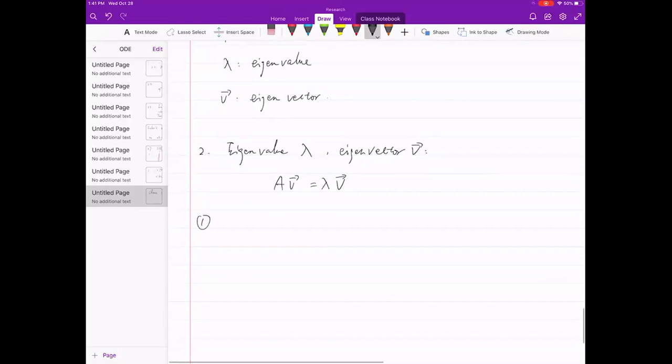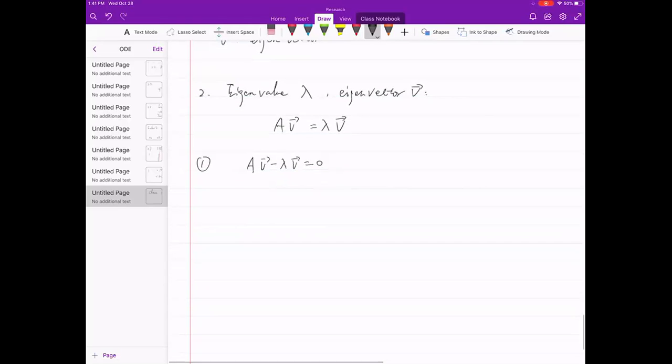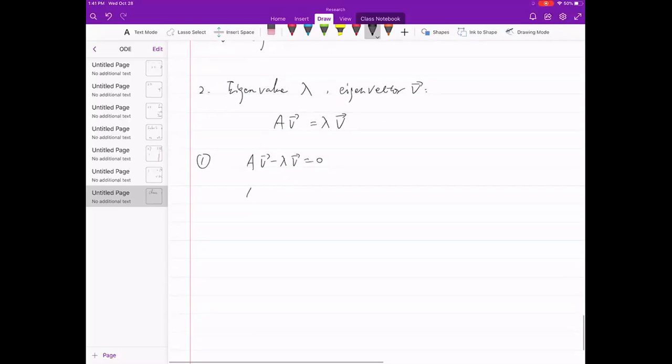So number one, how do you find lambda? Well, you take Av minus lambda v equals 0. Then you have A minus lambda I. Actually, by convention, let's do (lambda I minus A) v equals 0.